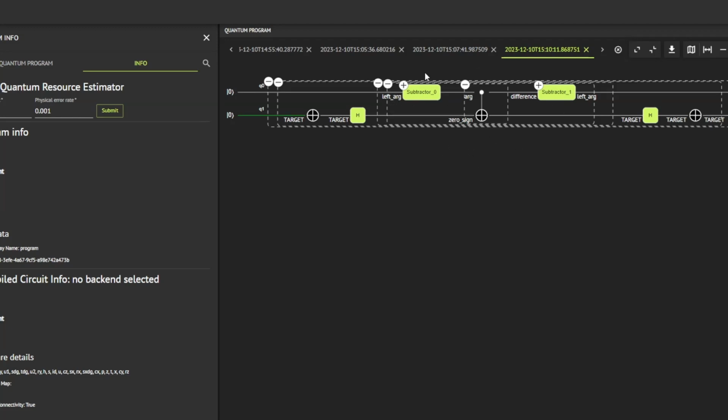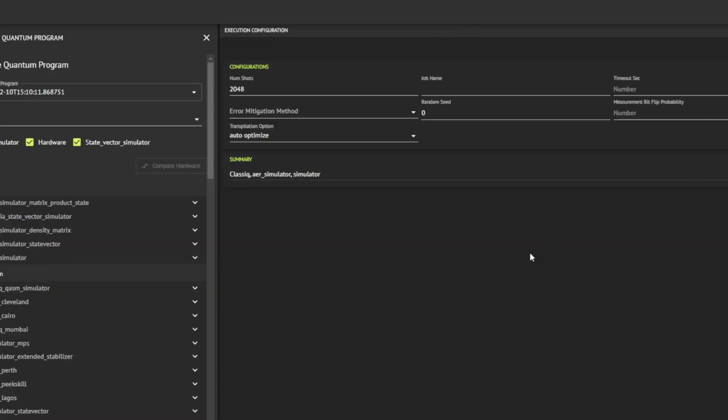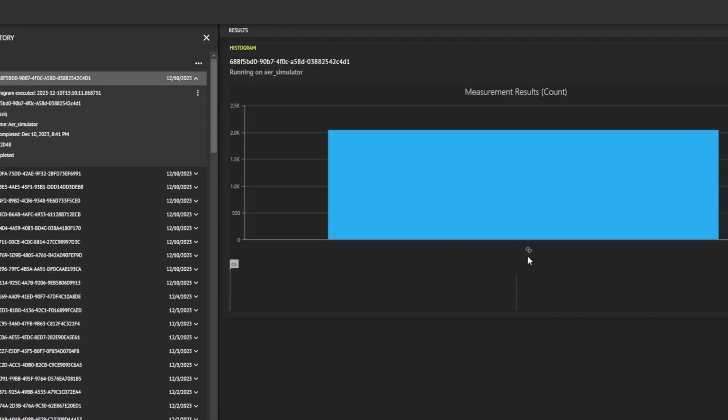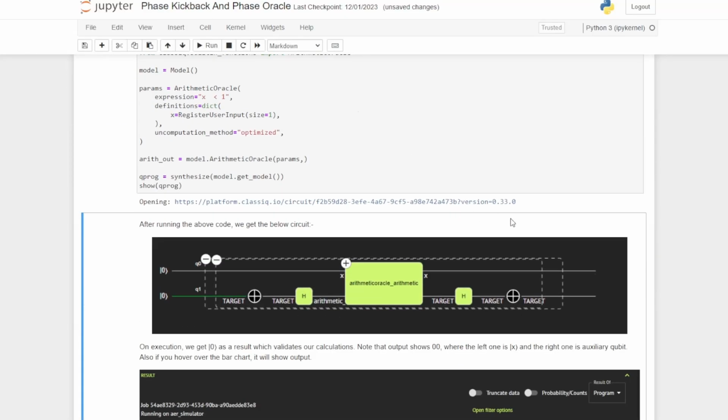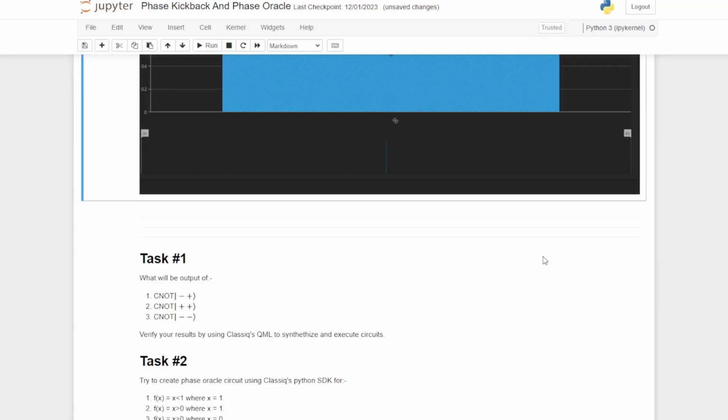This is just to keep the circuit reversible. We will not go into much detail, just execute it. And in the output we will get 0 as expected. So this 0 is for q0, and this is for the extra qubit for y. The right one is the value of x, and we are seeing it as 0 because, for the reason we saw, the phase is global and it will not show in the output. So that's how we can implement phase oracle.